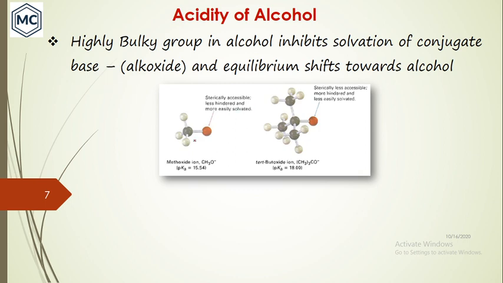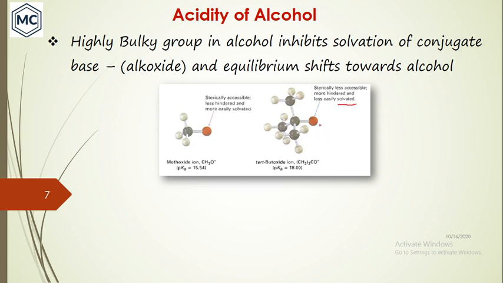When you consider methoxide and tertiary butoxide, methoxide is sterically accessible and less hindered, so it can be more easily solvated. But tertiary butoxide is sterically less accessible and more hindered, and less easily solvated.